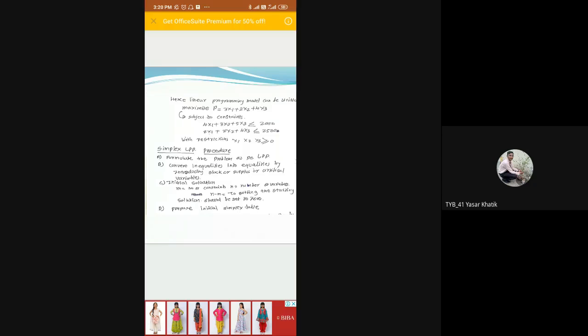Similarly, 2x1 plus 2x2 plus 4x3 less than or equal to 2500. And x1, x2, x3 should be greater than or equal to 0.